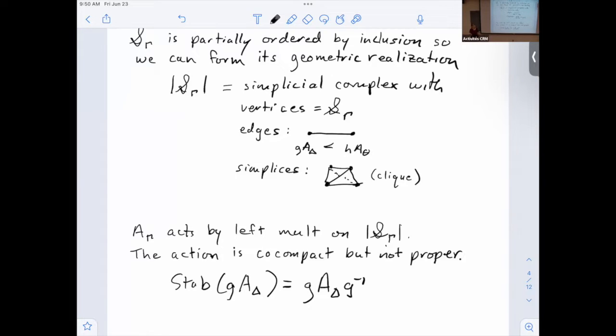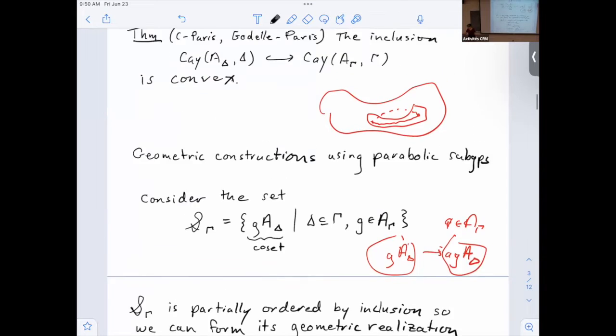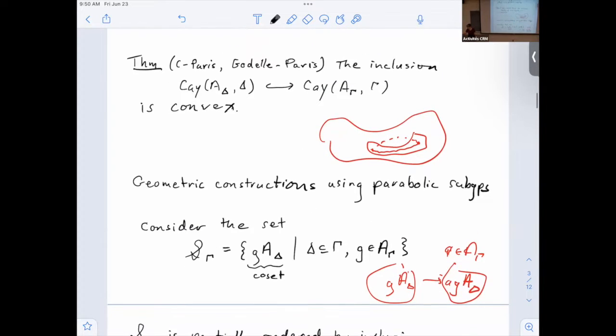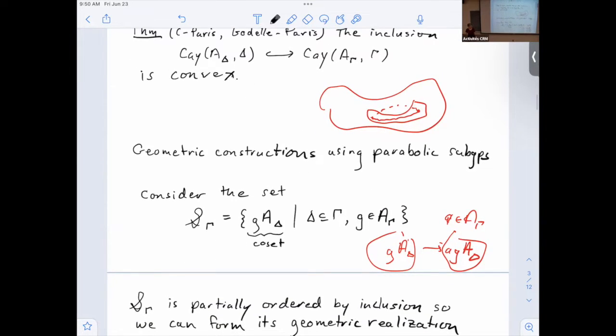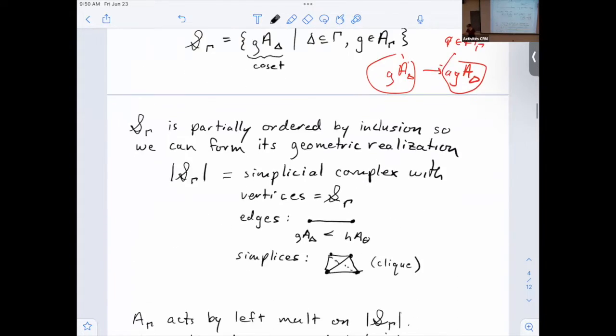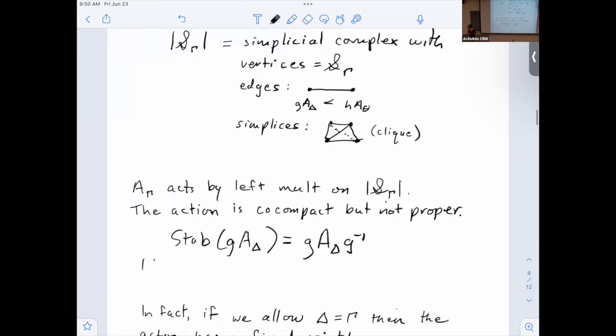Let's be careful. There was this question, do I allow delta to equal gamma? Well, I did allow it so far. So if I do allow it, what's the stabilizer? Now there's only one coset, but now there's a point labeled this. And the stabilizer of that is everything.